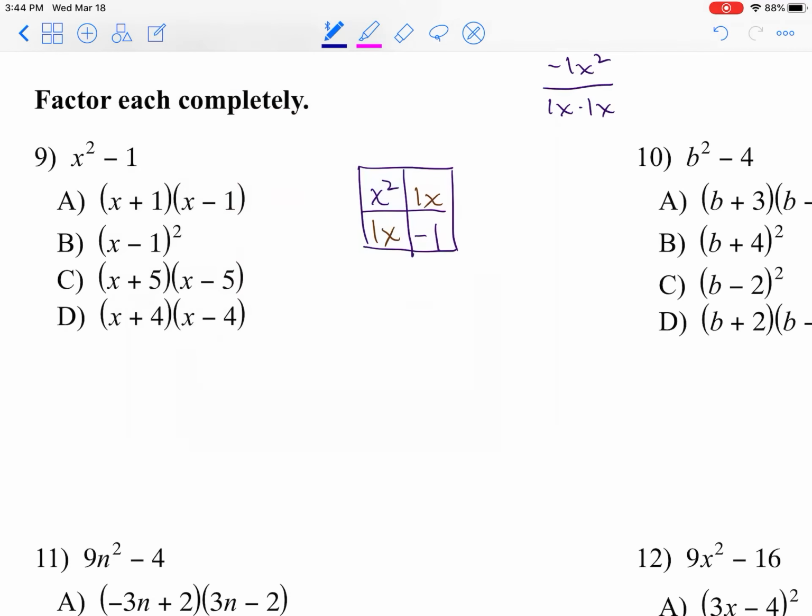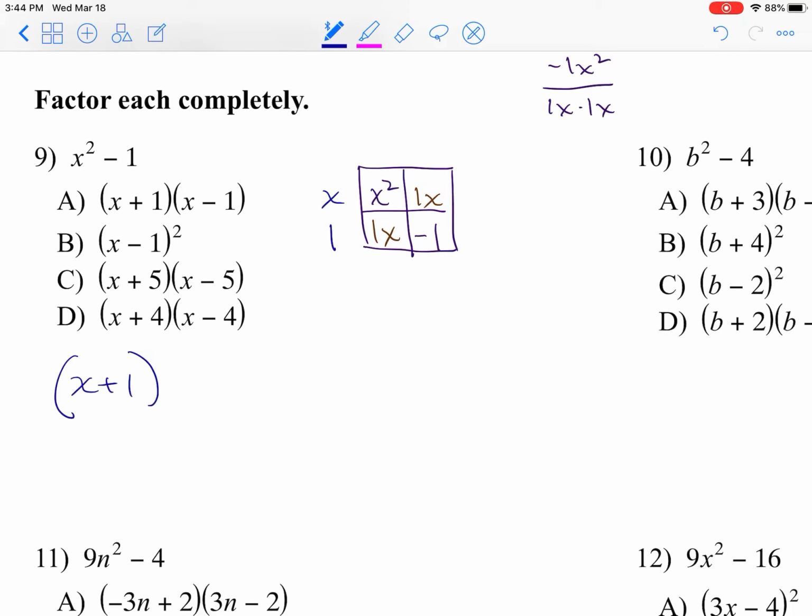We do what we've been doing the whole time, and we do greatest common factor from left to right in the first row. X squared and 1x have an x in common. And the bottom row, 1x and negative 1 have a 1 in common. Both of those are positive because they touch positive boxes, so my binomial factor is x plus 1.